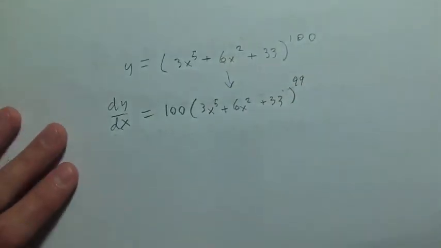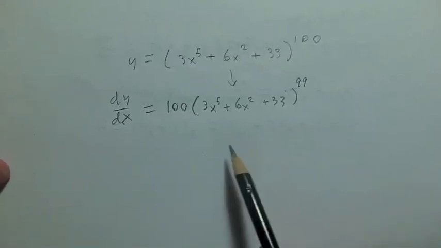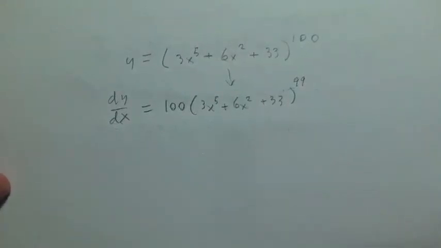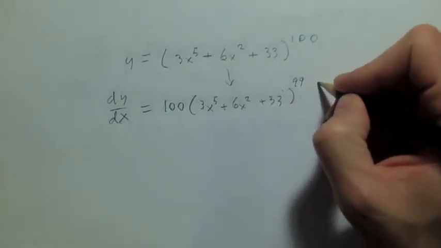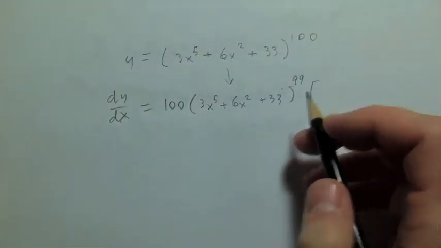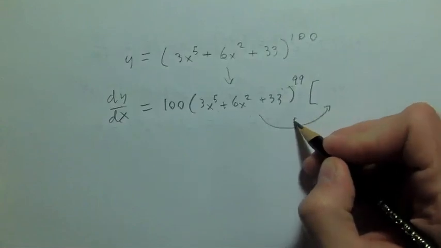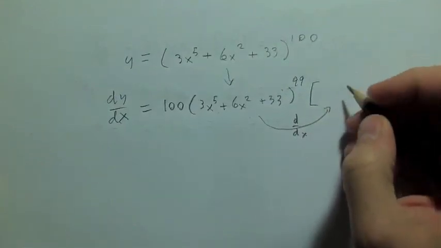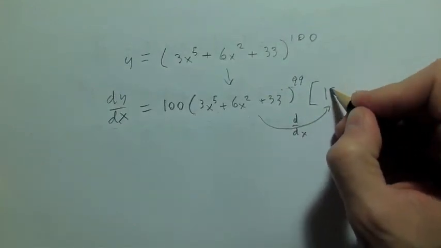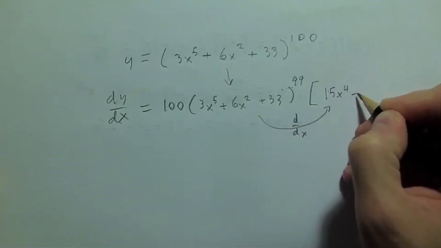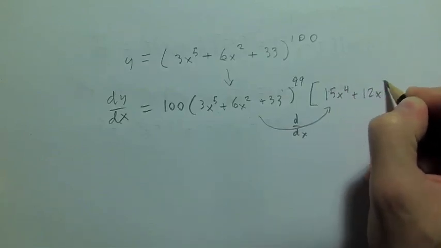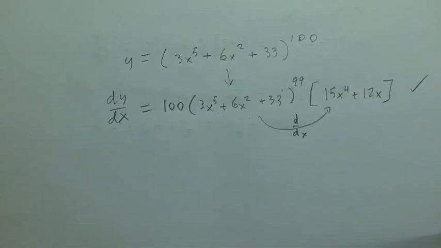Right, so I get 100 times 3x to the 5th plus 6x squared plus 33 raised to the 99th, and then we have a cost. The cost is we just multiply by the derivative of the inside. So the derivative of the inside would be 15x to the 4th plus 12x. And we're done.